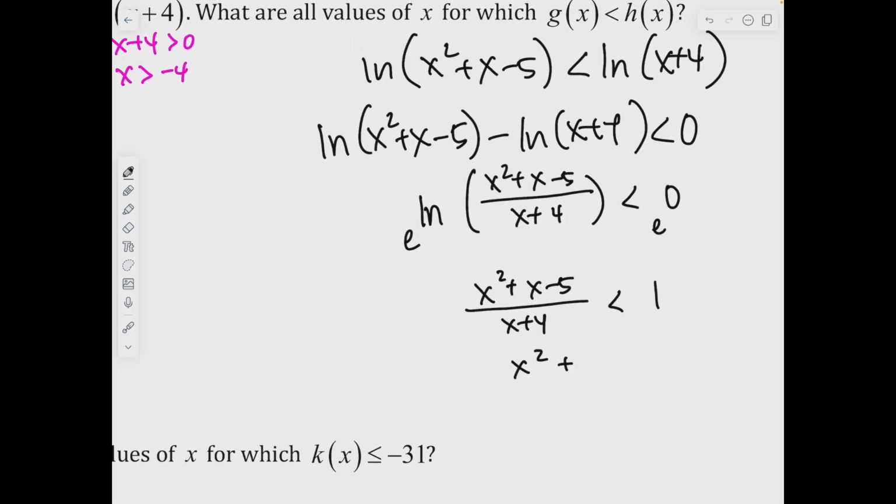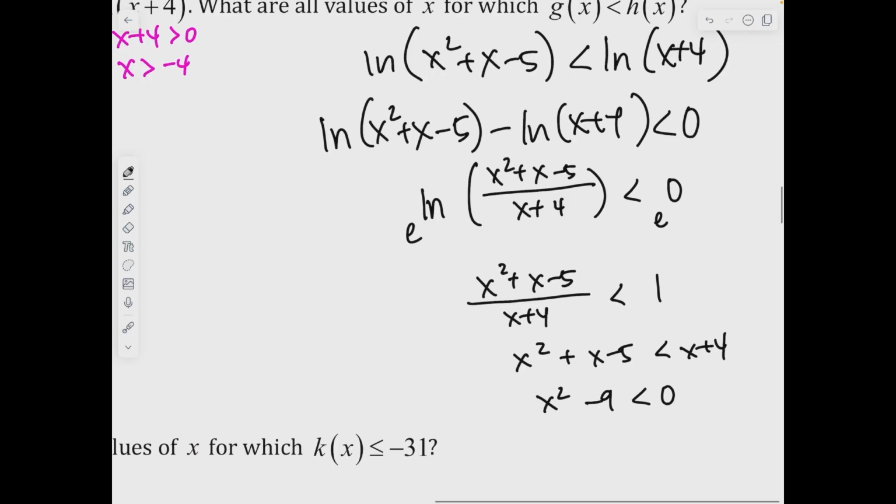So just like the last problem, I'm going to multiply the denominator to the other side. Okay. And then from there, I will subtract the x and then subtract the 4. X squared minus 9 is less than 0. Okay, so again, this is x plus 3, x minus 3. And I want to know where it's less than 0, where it goes below the x-axis.